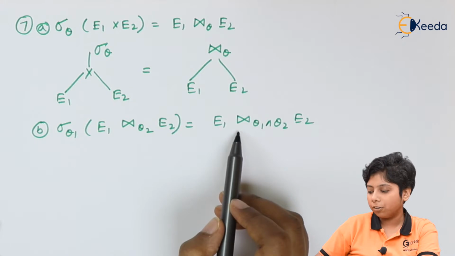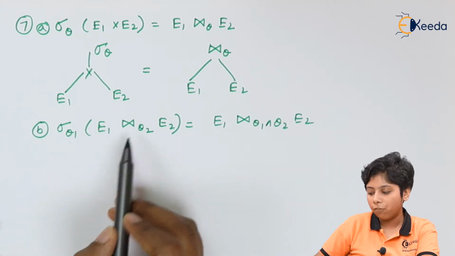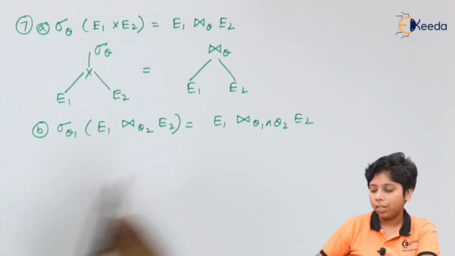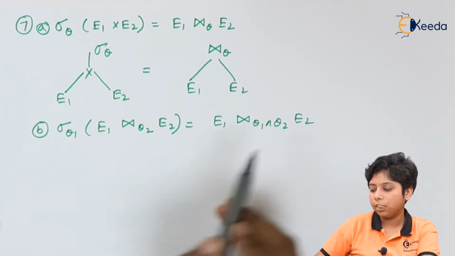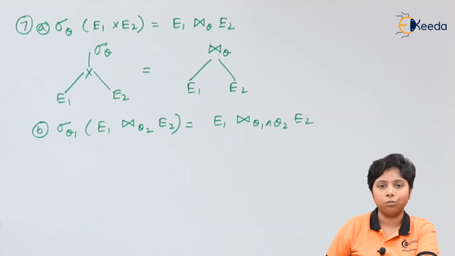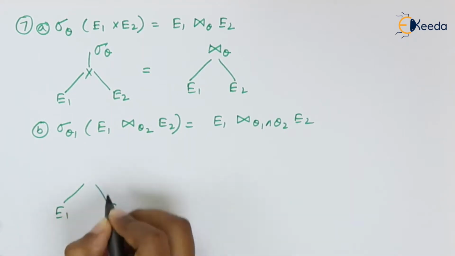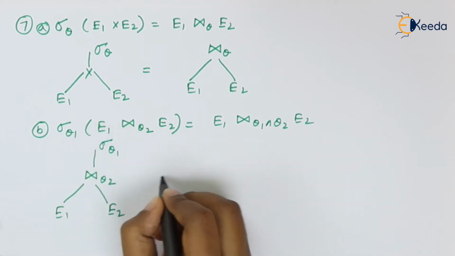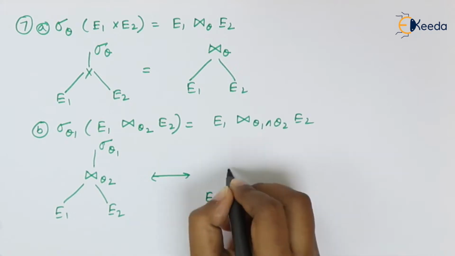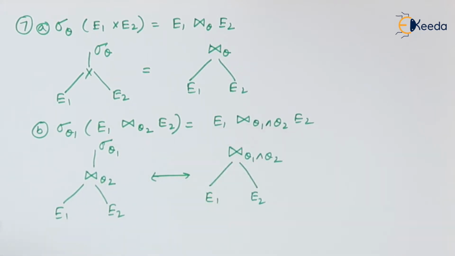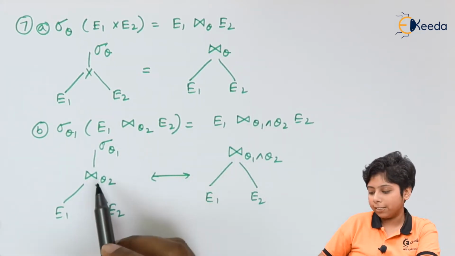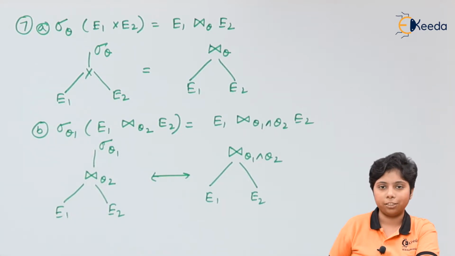And now we can also say that the selection of theta 1 over the joining of theta 2 can be said to be the joining of theta 1 conjunctive with theta 2. So there is one join against the join and the selection product.